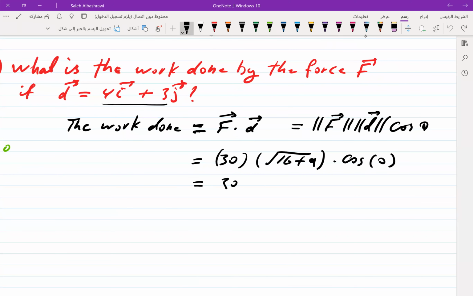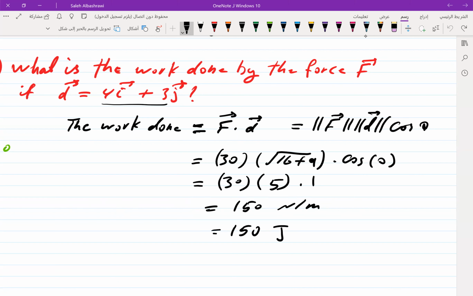This is 30 multiplied by the magnitude of D, which is the square root of 25, equal to 5, multiplied by 1. So the answer will be 150 newton meters, or joules, 150 joules. So the work done by the force in this case will be 150.